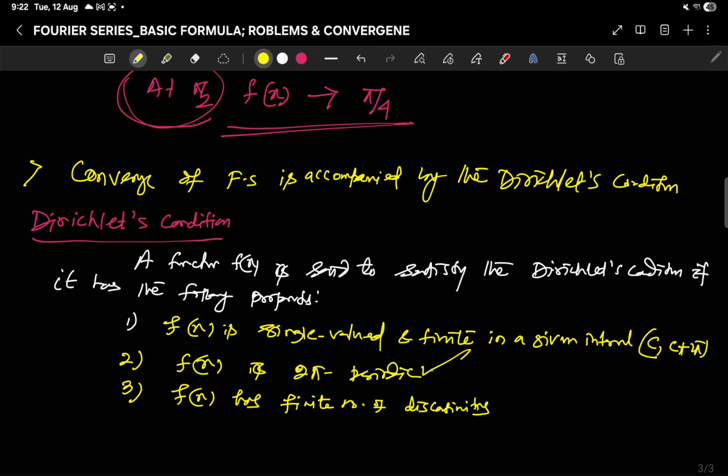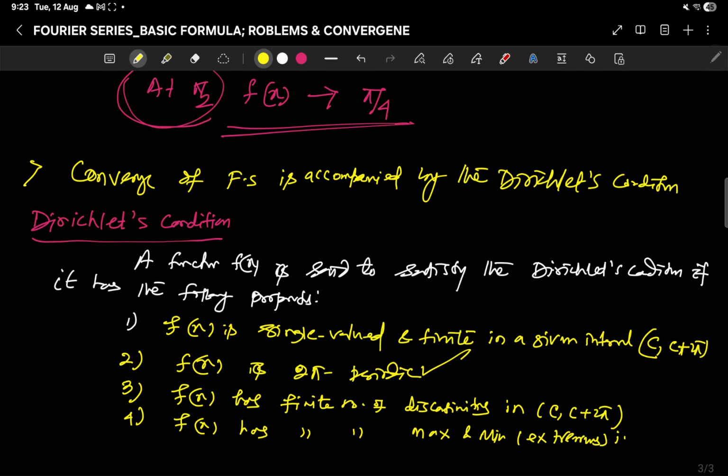Then f(x) is 2 pi periodic. f(x) has a finite number of discontinuities in that interval, right? And the fourth point is f(x) has at most a finite number of maxima and minima, that is, extrema, in c to c plus 2 pi.